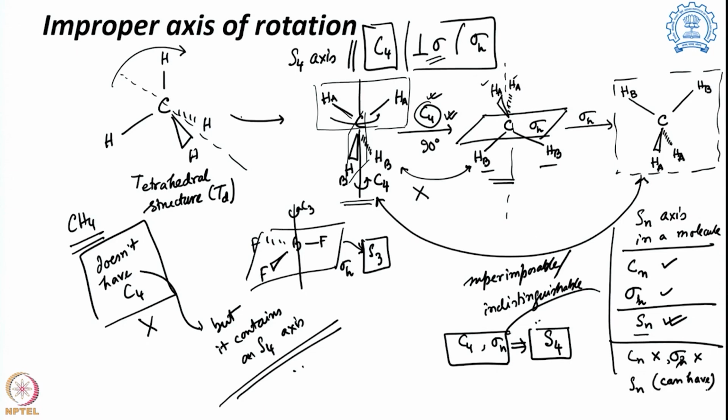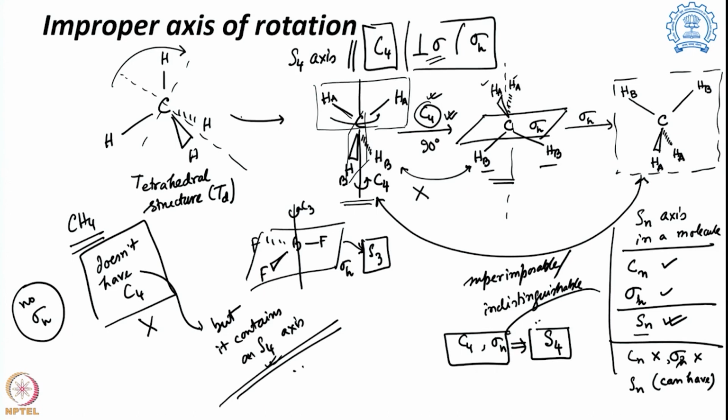Methane is one of the biggest examples of it, where I do not have a C4 and I do not even have a sigma h. The molecule does not have any sigma h plane anywhere else. So, no sigma h, no C4, but it still has an S4 axis. That is why the improper axis of rotation is very important in this respect.